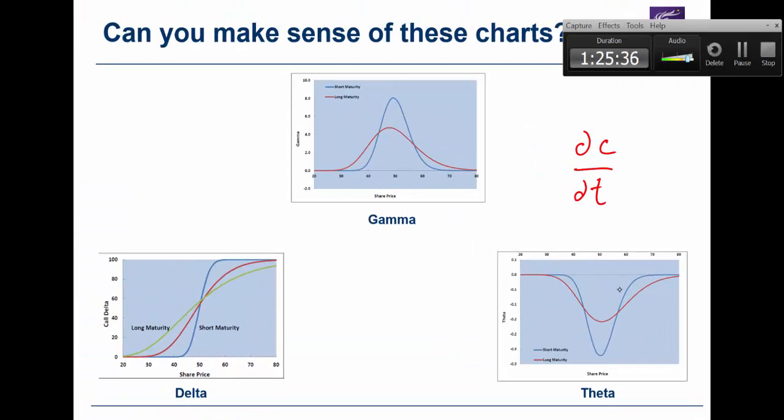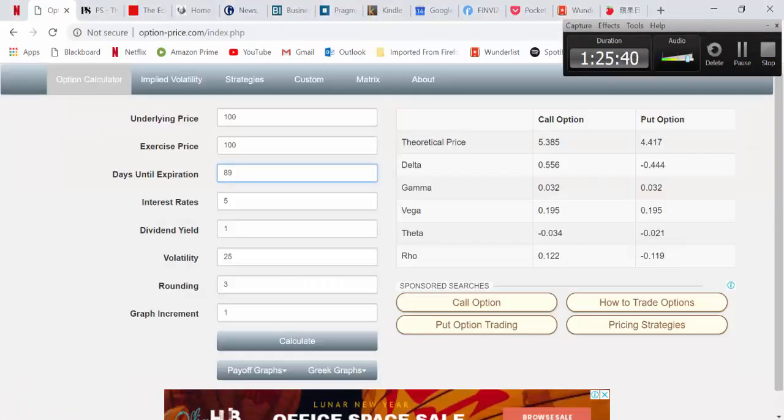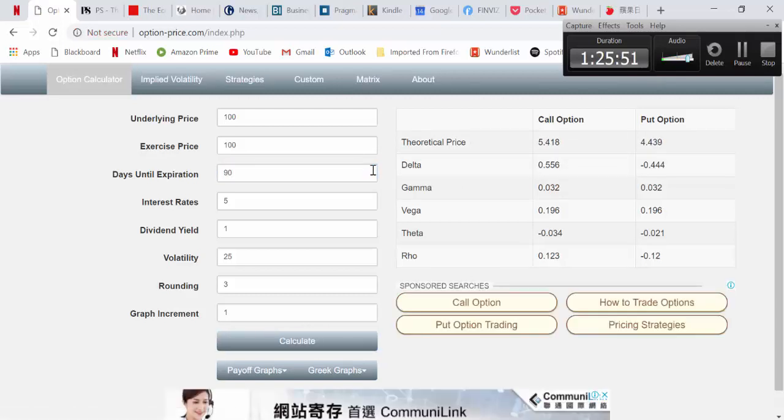One thing that you must keep in mind, and I will mention that here, is your price here for a 90-day option. Now, listen to this carefully. For a 90-day option, your price is 5.41, and your theta is 0.034, all right?